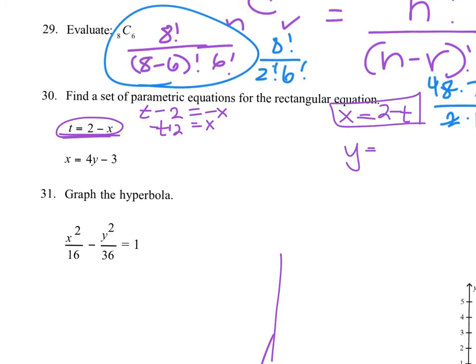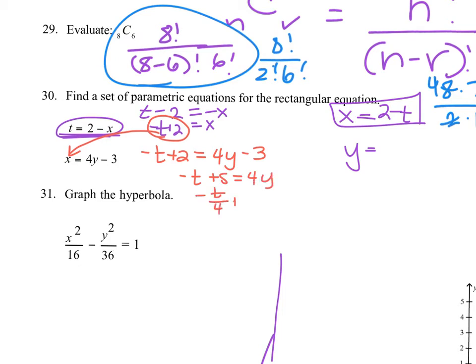And then you've got to take what x equals and plug it in the place of the second equation, and then solve for y. So negative t plus 2 equals 4y minus 3, and then add the 3. Negative t plus 5 equals 4y, and divide by 4. So negative 1/4 t plus 5 fourths equals y, which will probably be written so that the first term's positive.